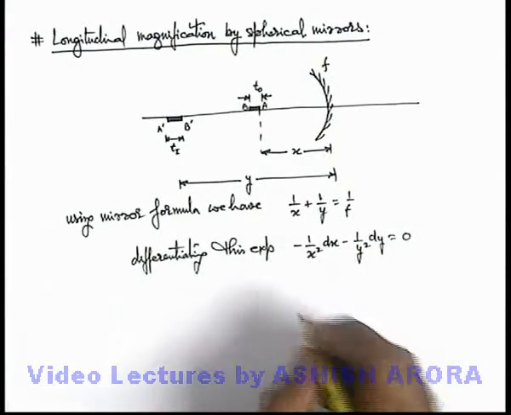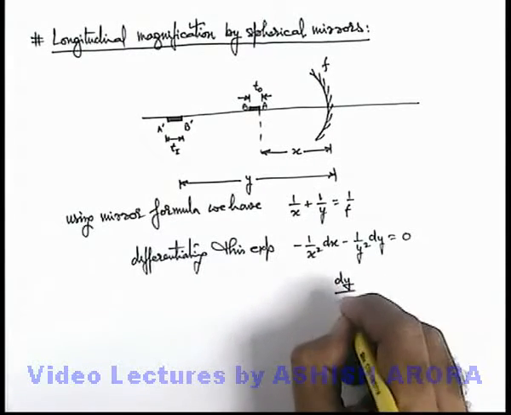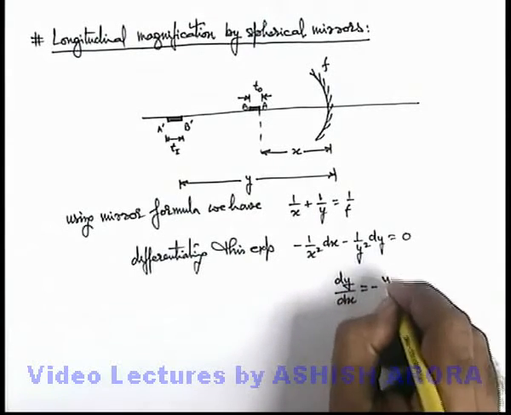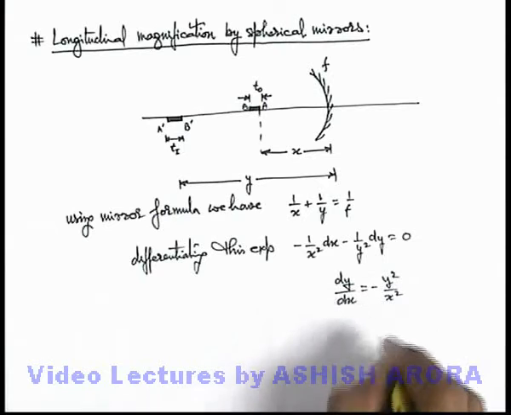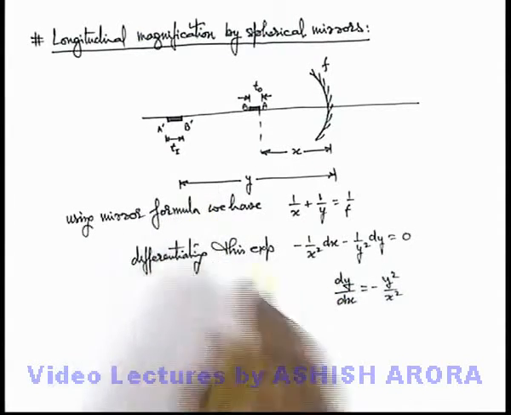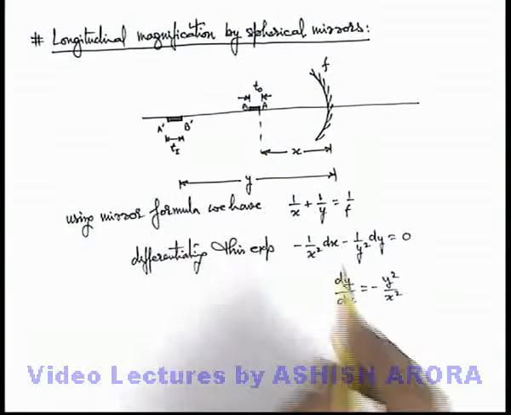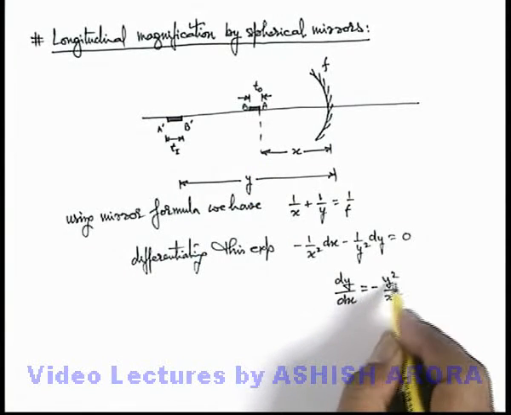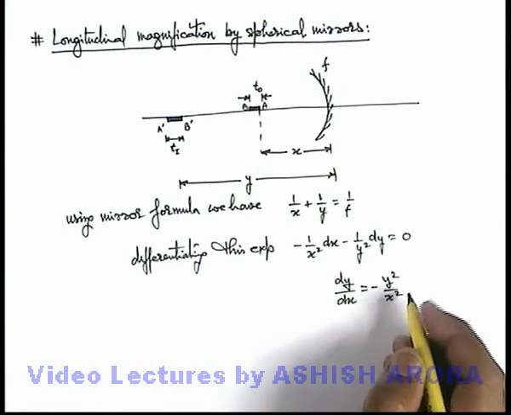So from this relation we are getting dy by dx is equal to minus y square by x square. Here dy is the slight variation in y and dx is the slight variation in x. The ratio of these two is given as negative of y square by x square.